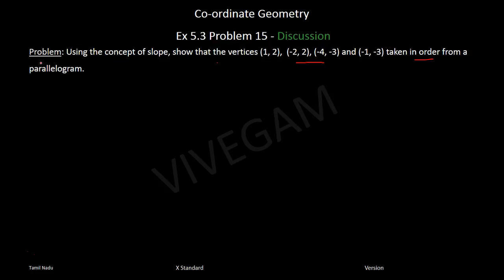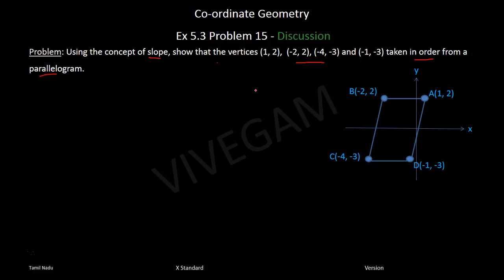Forms a parallelogram. Another point is that you have to use the concept of slope. Here we have the x-axis and y-axis, and I have plotted all the 4 points and named them A, B, C, D, taken in order. It's in the anti-clockwise direction.